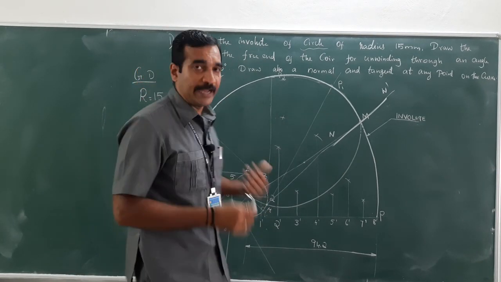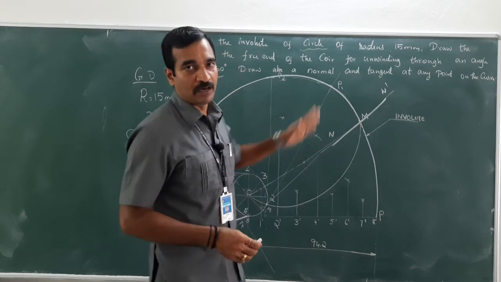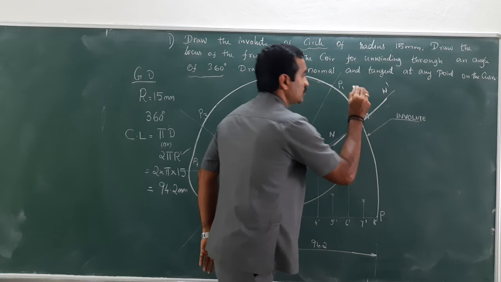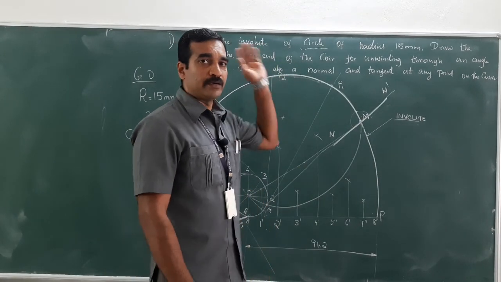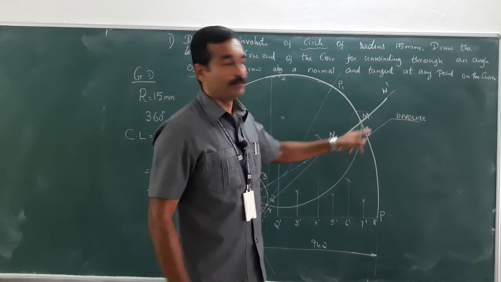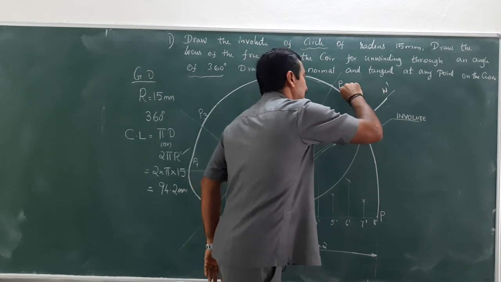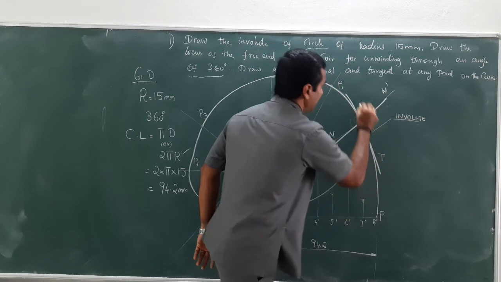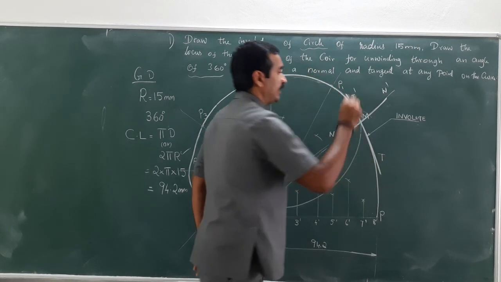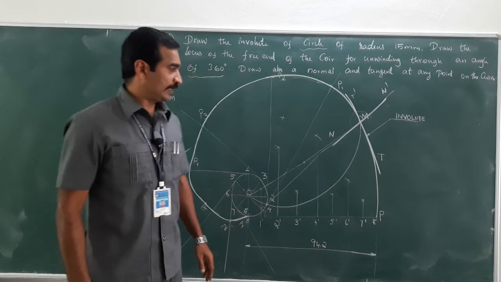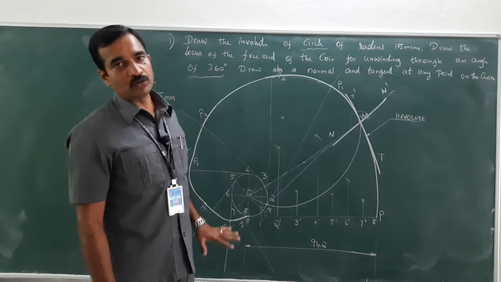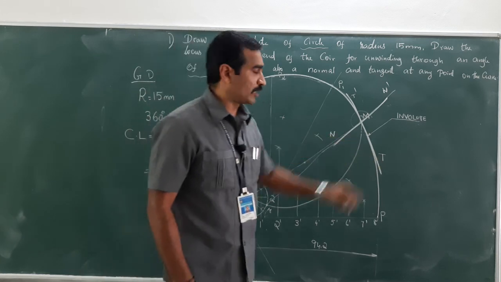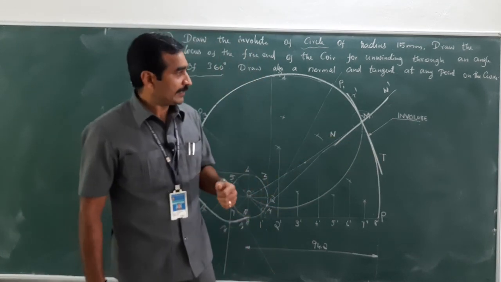If you choose 90 degree to this, that means normal, keeping your protractor in this manner and choose 90 degree, and draw a line passing through M, which could be the tangent of the curve, T dash. Look at this, this could be 90 degree, right? So this is how you will have to construct the involute and tangent normal.